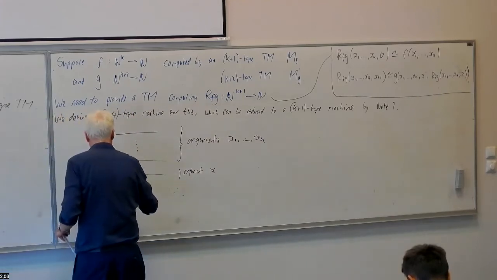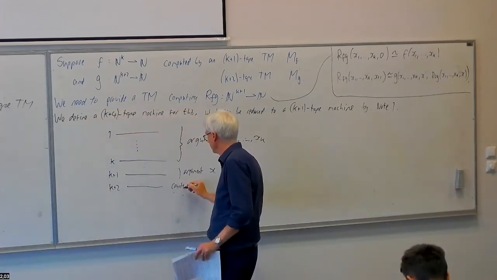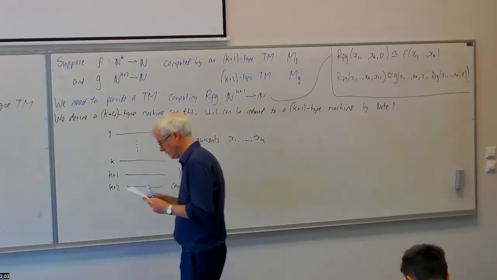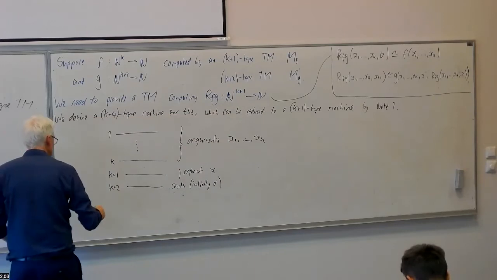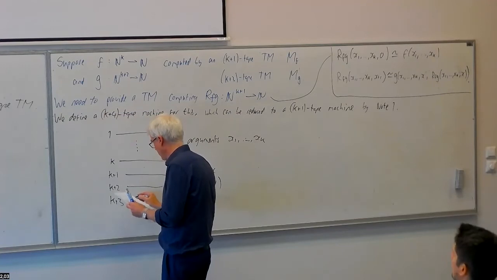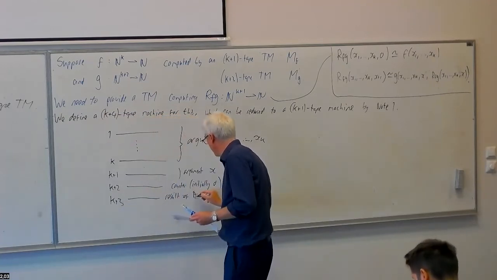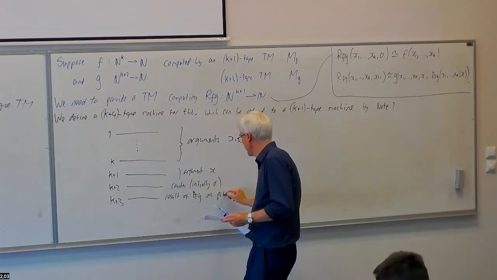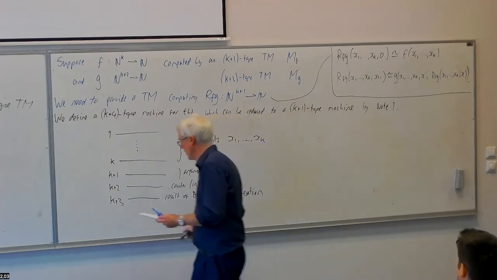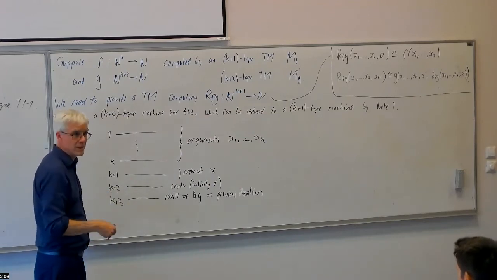The k plus 2 tape is going to contain a counter, which is going to be initially 0. The k plus 3 tape is going to contain the result of RFG on the previous iteration. And the k plus 4 tape is going to contain the result being computed.